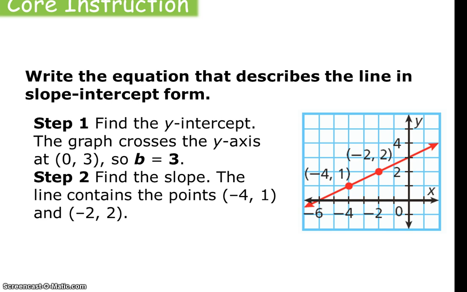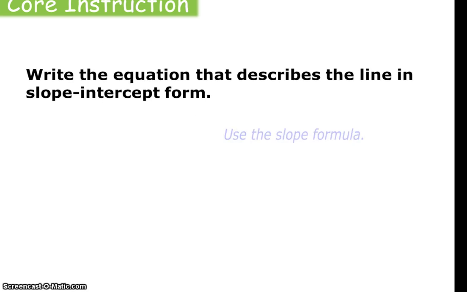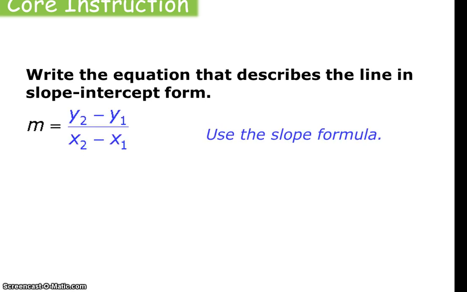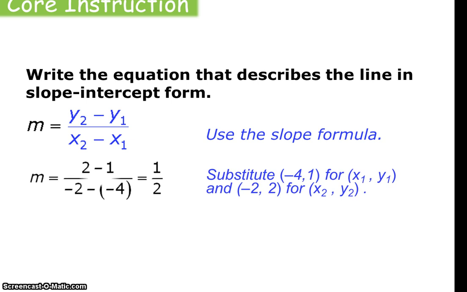That means b equals 3. The slope of this line I can find by rise over run, which looks like I have to rise 1 and run 2. So I find a slope of 1/2.